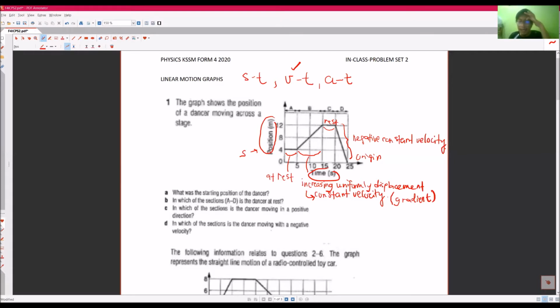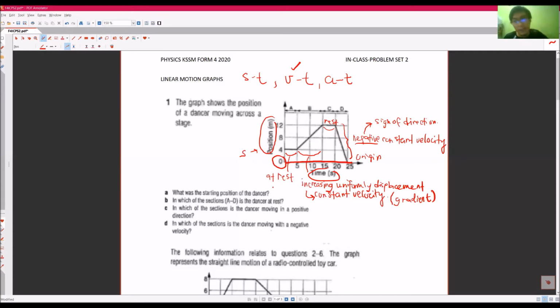The magnitude of the gradient compared to the previous one is steeper, thus it has a larger velocity, even though it's negative. The negative is just the sign of direction. Basically, the dancer is moving towards the origin. Here is the origin, this line here.